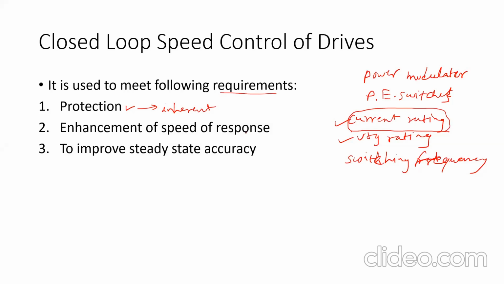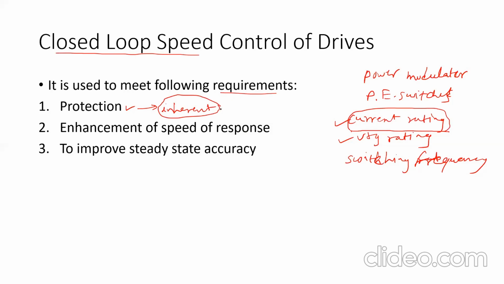They give protection to the motor against current flowing through them beyond the permissible value. But if we employ the closed loop speed technique, it has an inherent property of protection against current going beyond the rated value.